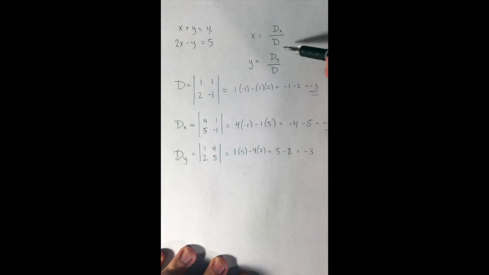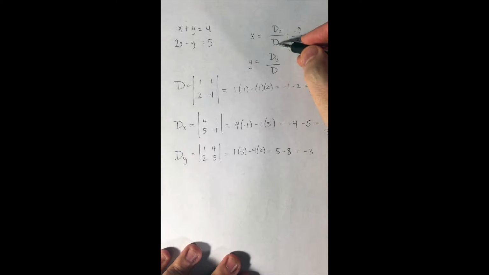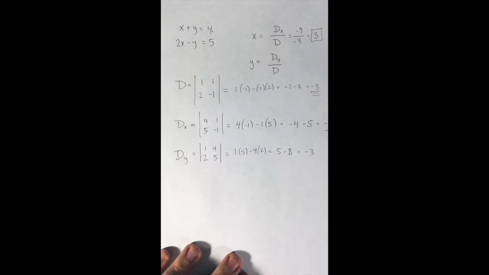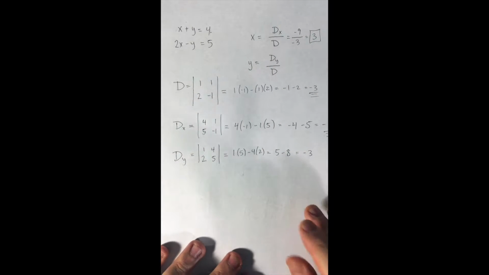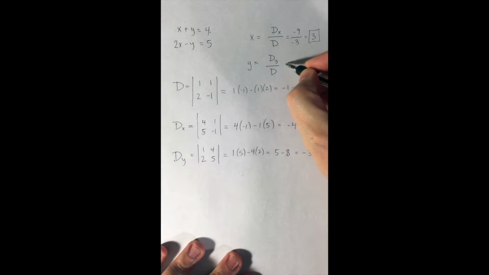So using the formulas up here, x is equal to Dx over D. Just copy Dx as negative 9. D was negative 3, so Dx over D is a positive 3. That's your x coordinate that's going to solve the system. The y coordinate should be Dy, which is negative 3, divided by D, which is negative 3.